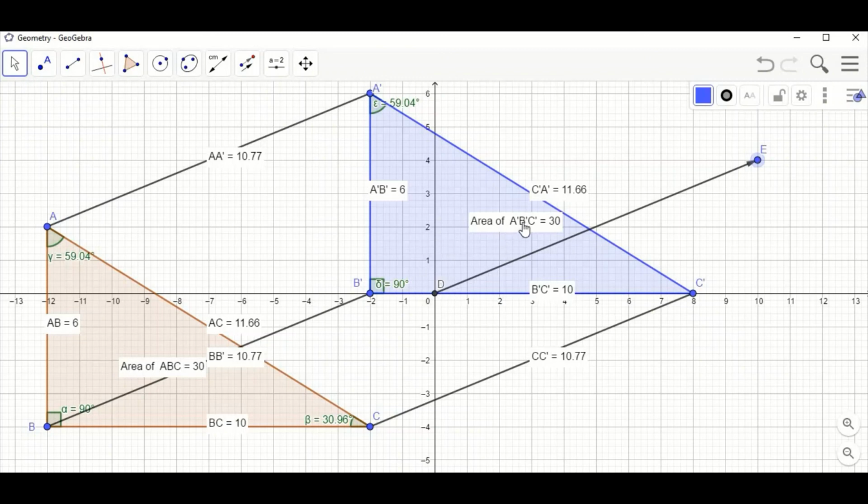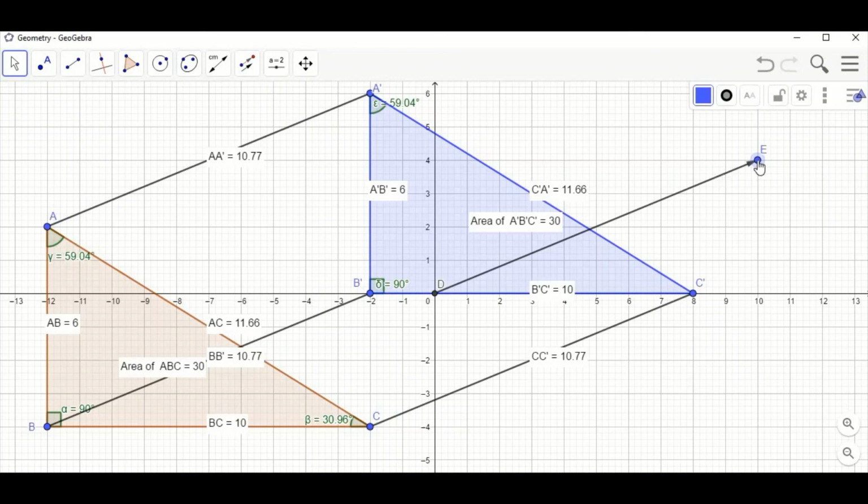If you look at the area is 30, right? Doesn't change, right? The area is still the same, right? What has changed is the distance between the points, but they still maintain true for each because it is now 10.77, right? The angle still remains the same, right? The angle has not changed, right?